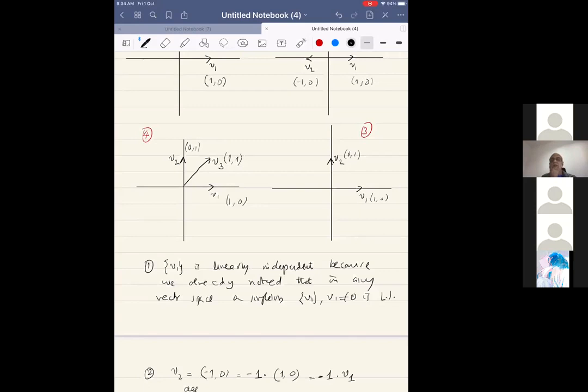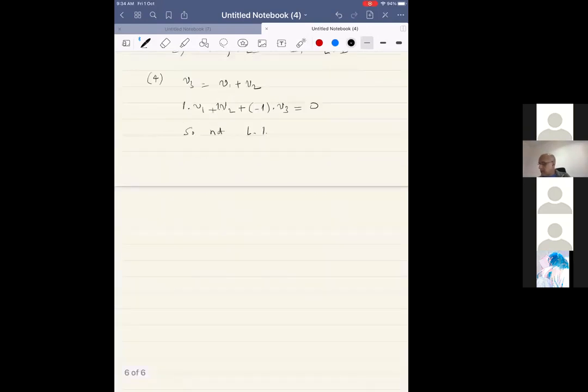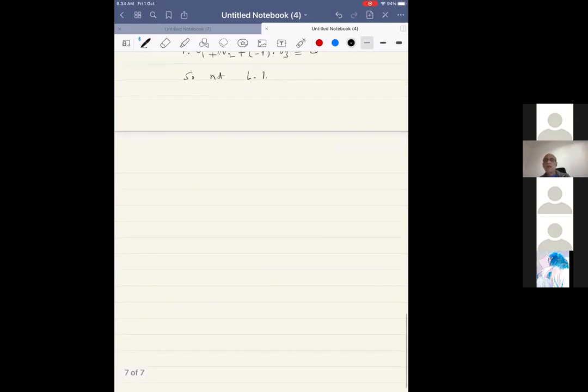Very good. So now let us resume the main thread of our lecture, the study of linearly independent subsets. I had stated this theorem.